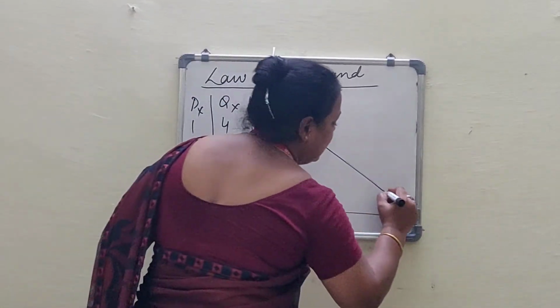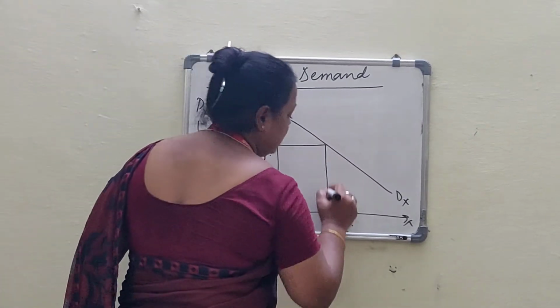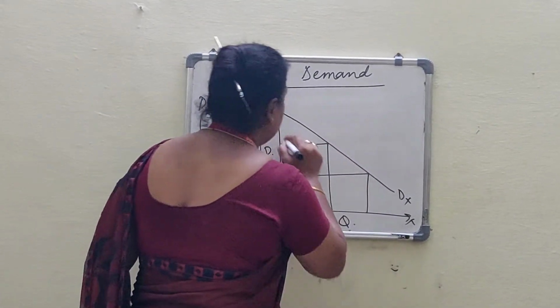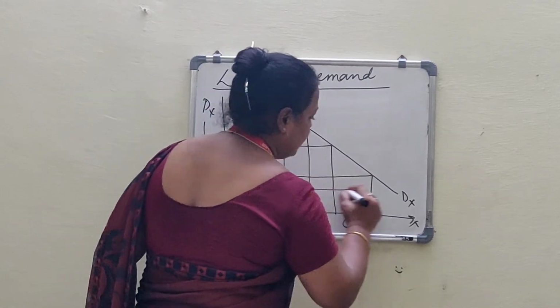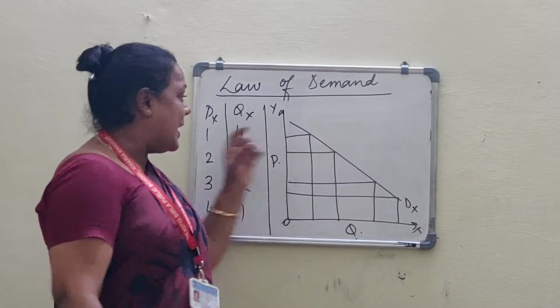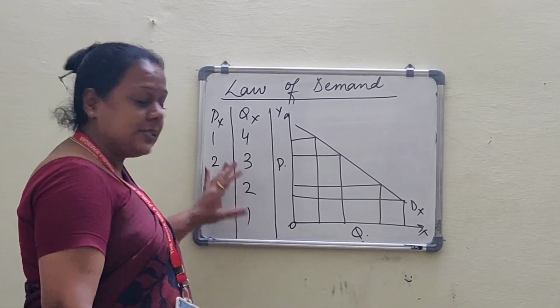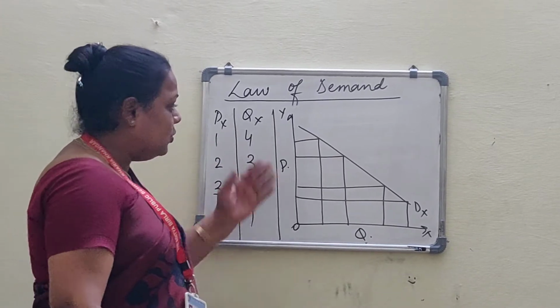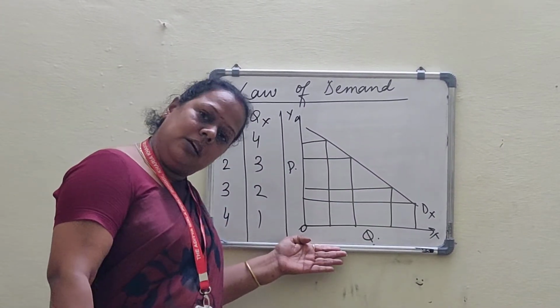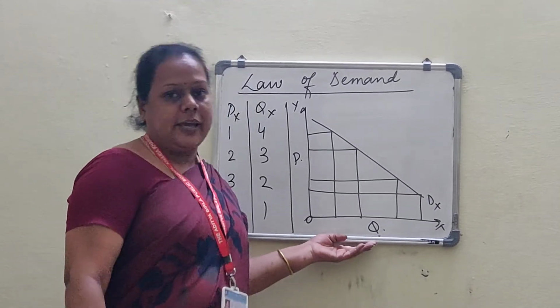So a demand curve like this will result, with these combinations occurring. Am I clear, students? So the law of demand states that when the price of the commodity rises, the quantity falls. By having this schedule, we can plot this curve as the explanation of this law. Am I clear?